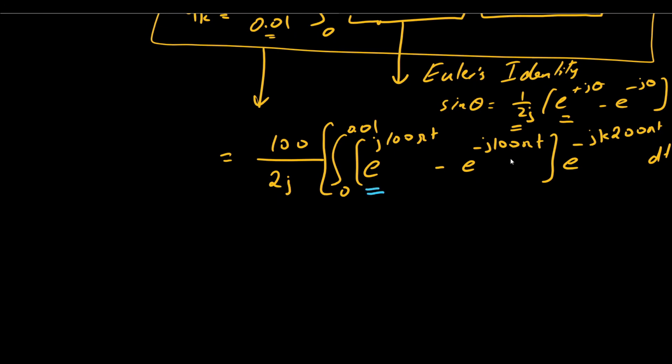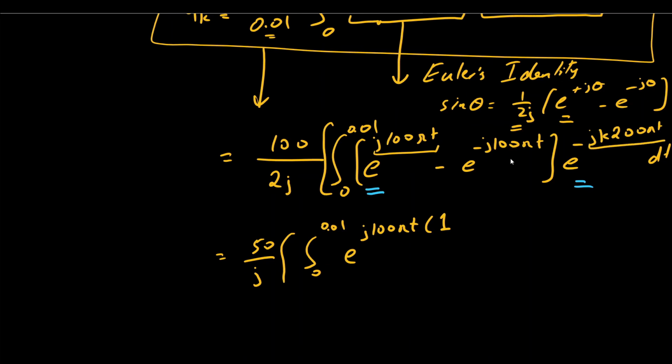So next we can combine this exponential with this exponential, so we would have 50 by j, integral 0 to 0.01 of the exponential of j 100 pi t, and since this whole thing is taken as common, we would have a 1 here, and from this if you take this function common, you would be left with minus 2k, and we have a dt here, that is this is our first integration, and similarly we have 0 to 0.01 for the second part.